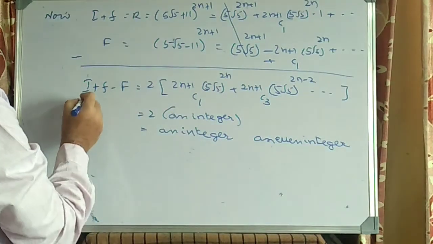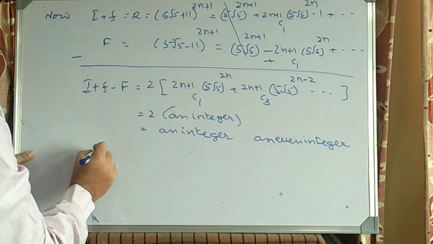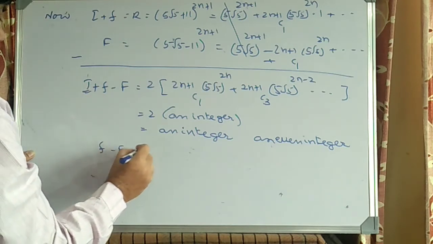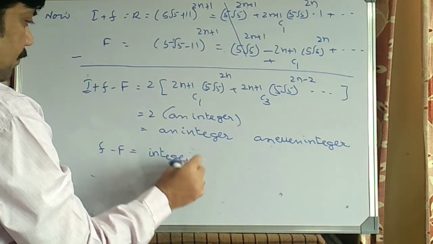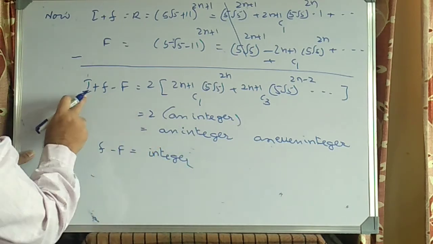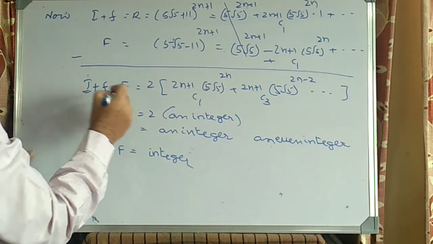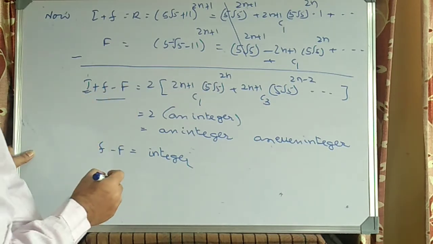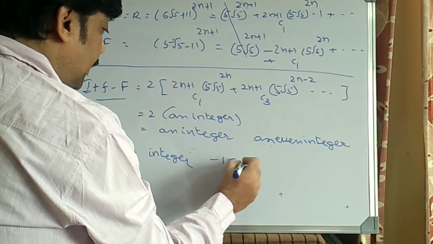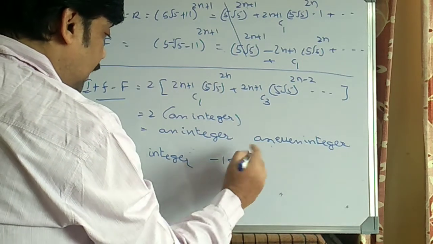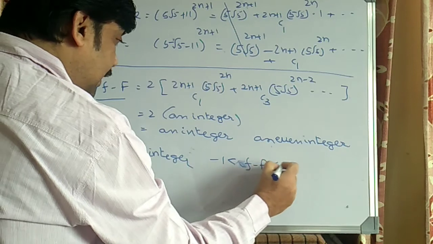As I is an integer, f minus capital F is equal to an integer again, because the right hand side is an integer and I is an integer. But you have got minus 1 less than f minus capital F less than 1.